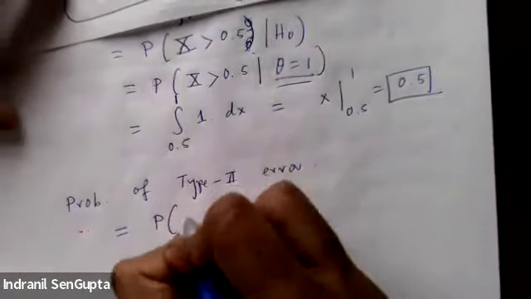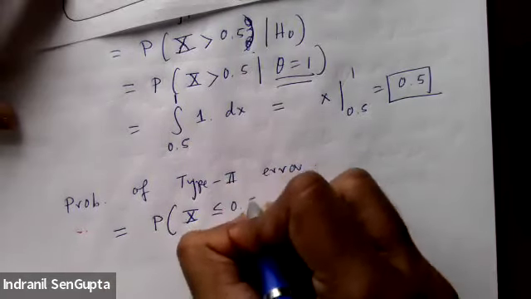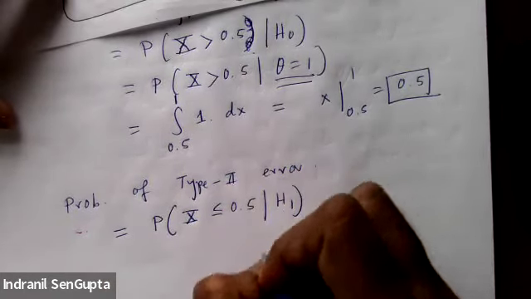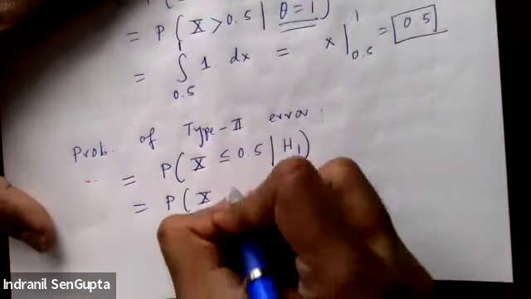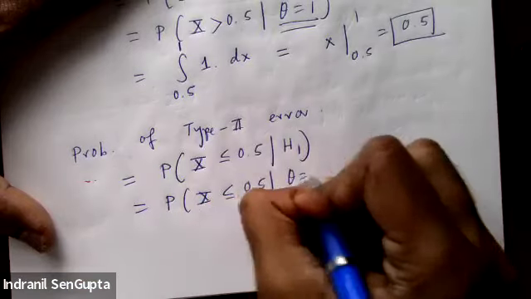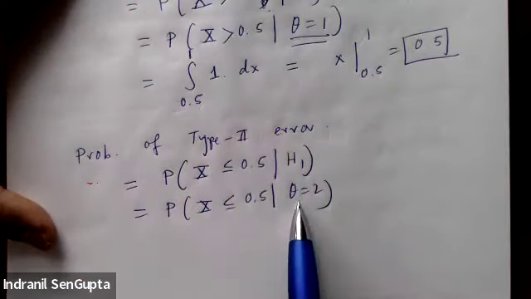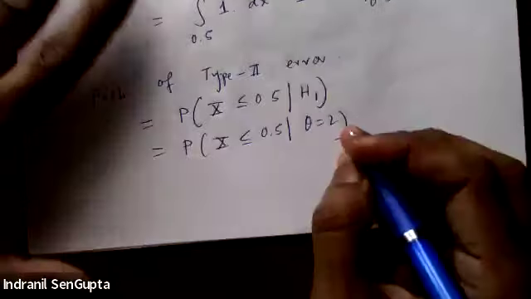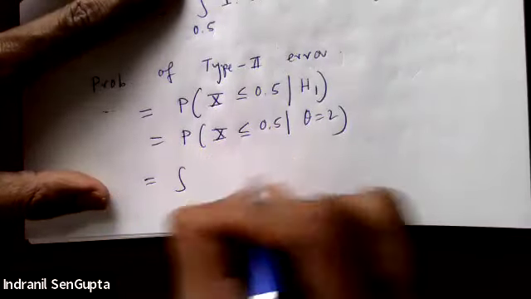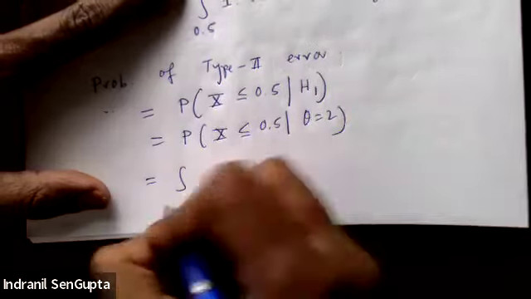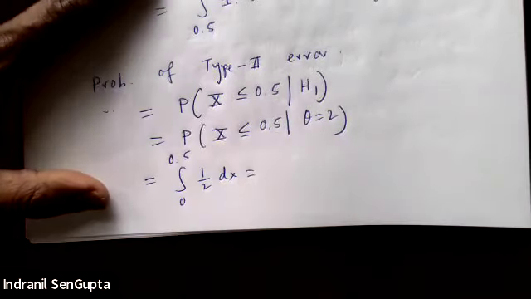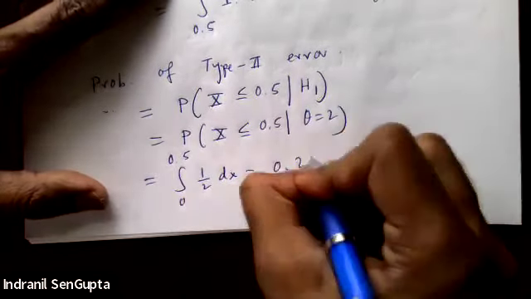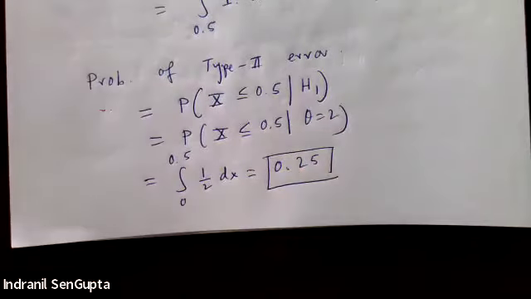So we want the probability of x less than or equal to 0.5 given theta equals 2. Now I can compute this probability for theta equals 2 because I know the PDF. So this is going to be the integral of the PDF from 0 to 0.5, 1/2 dx, right? If you compute this, it's 0.25. So that is the probability of type 2 error for this problem.